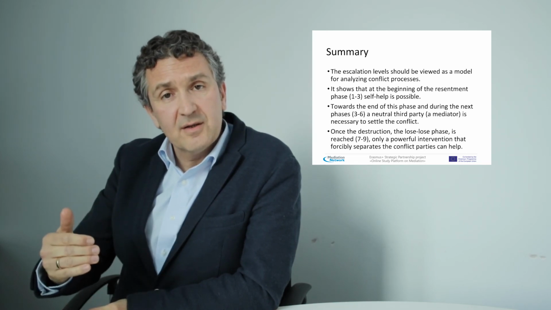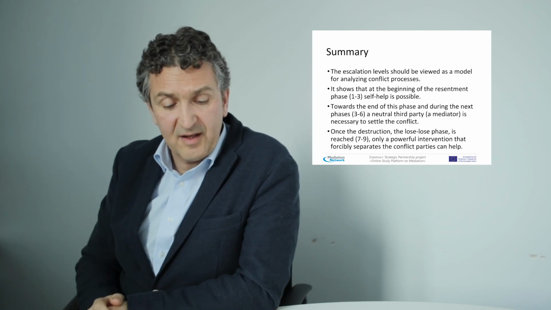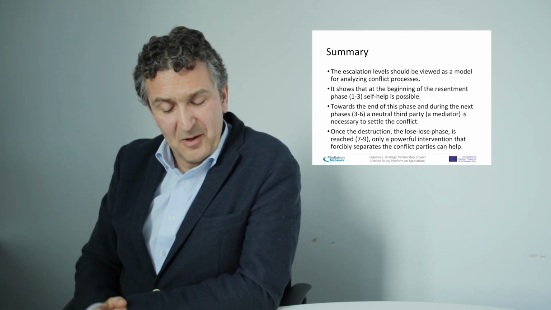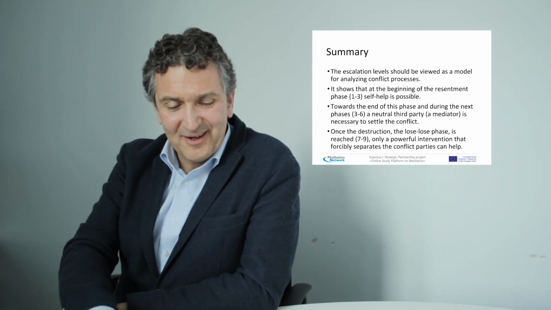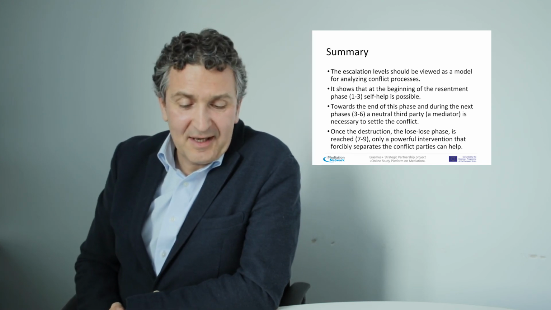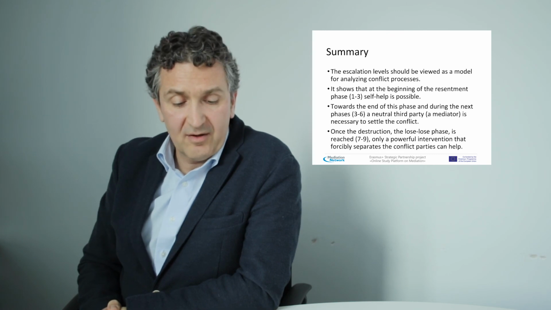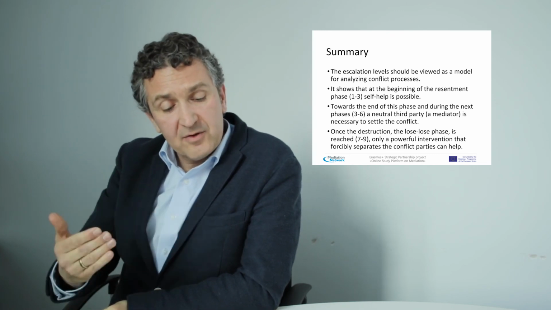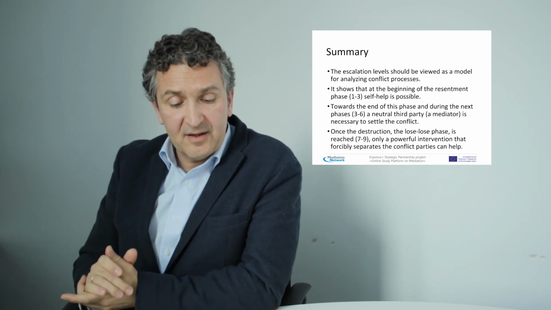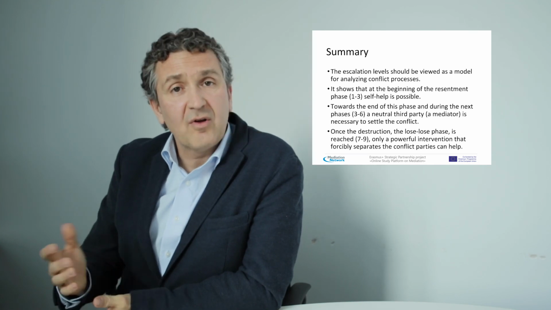Once the destruction, the lose-lose phase is reached, so step 7 and higher, or however you want to see where the steps go into the basement, only a powerful intervention can help with the forcible separation of the parties to the conflict. Once again, we are talking about a model which helps in analyzing a conflict process, but does not give answers to solve conflicts.